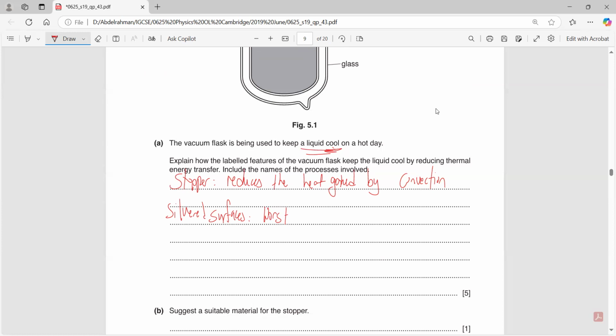Worst absorbers of infrared radiation. So they keep the liquid cooler for a longer time. They wouldn't absorb as much heat or infrared radiation. Yes, excellent. What about the vacuum? This is very important actually. The vacuum.